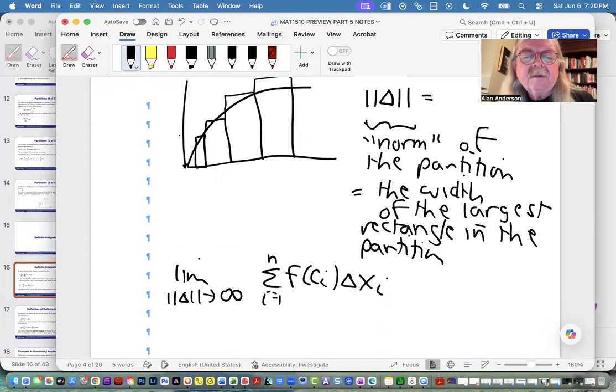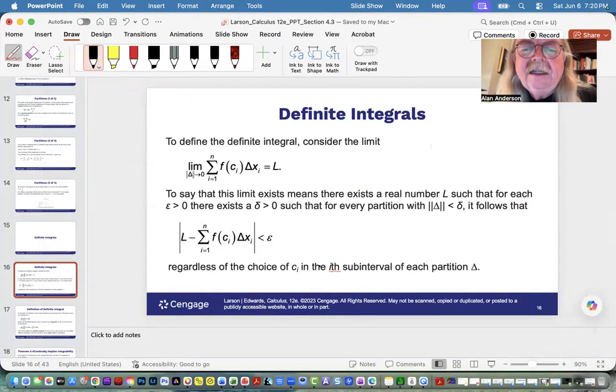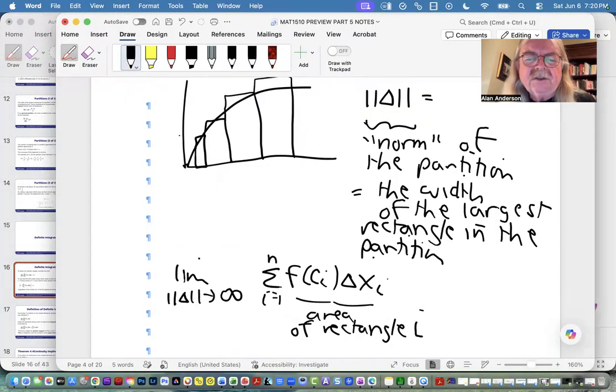So again, this represents the area of rectangle i, and we're adding them all up. We're taking the limit, and then this has some value L, we'll just call it.